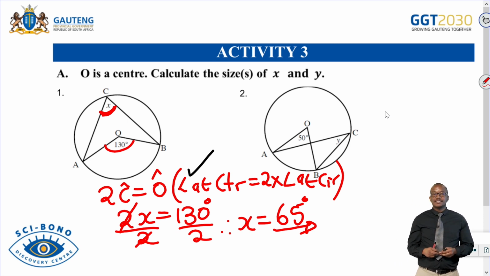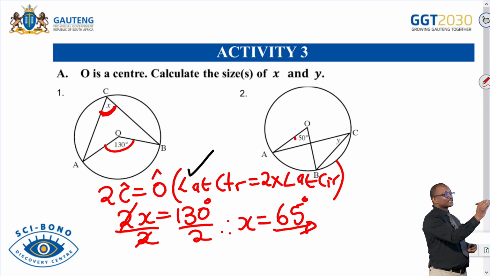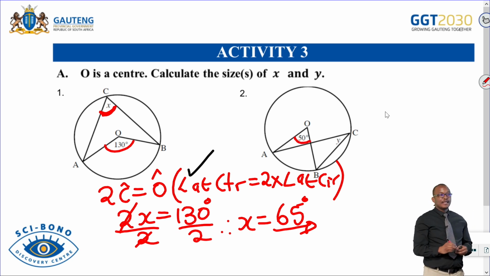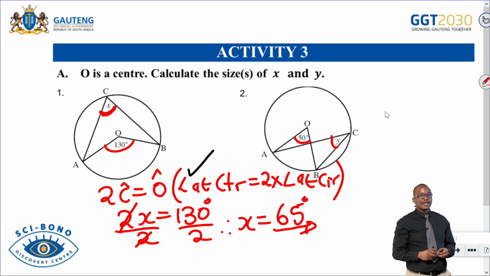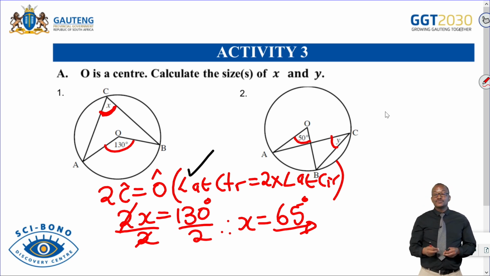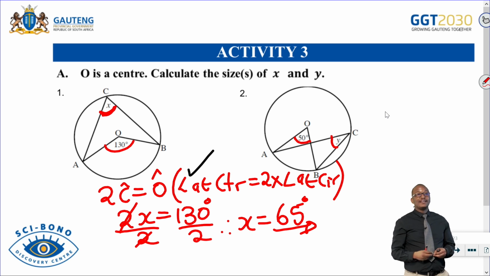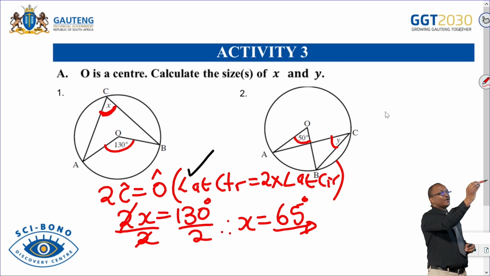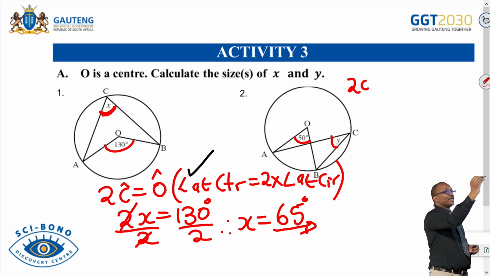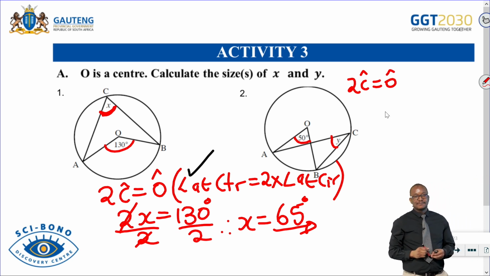So now looking at the second one, the same scenario, we are having the angle at center, which is 50, and we have our unknown angle there at the circumference, which is y. How are we going to calculate y? We apply the very same theorem, where we're saying 2 of your angle C is equal to angle O, the angle that is at center.